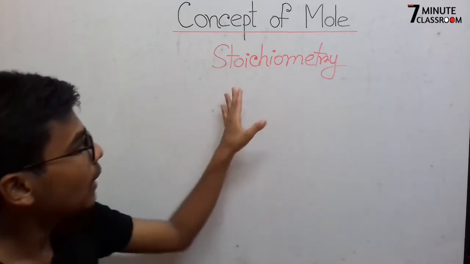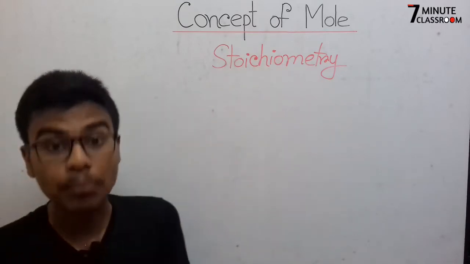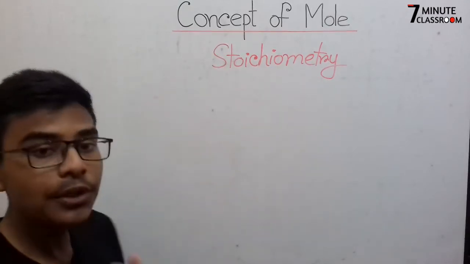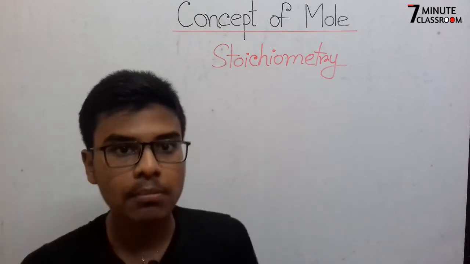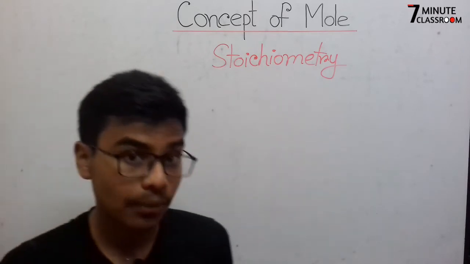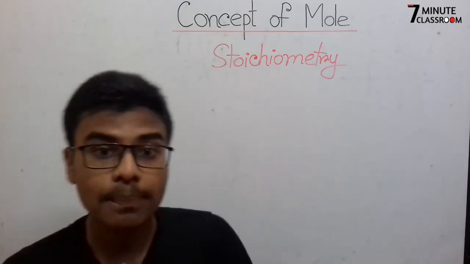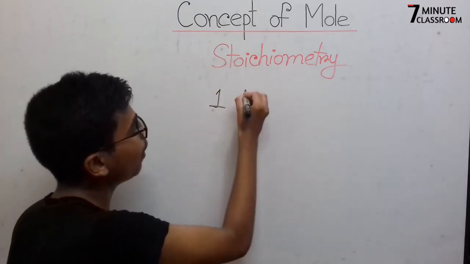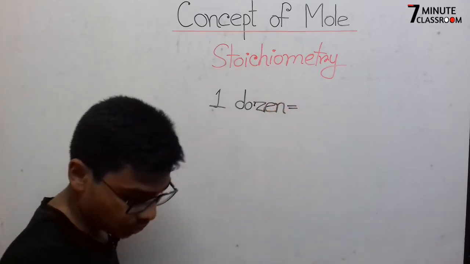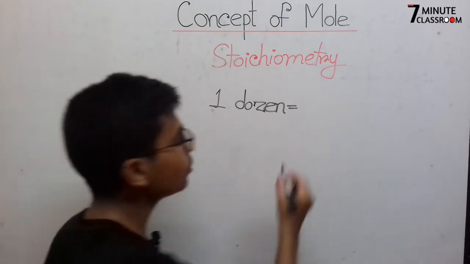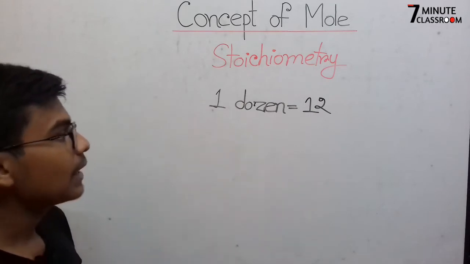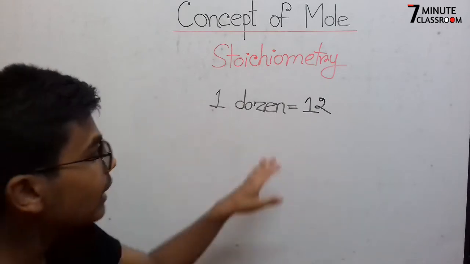Okay, so first of all we have to learn what mole actually is. Before learning that, we know that if we are going to a shop, we can say something like give me 1 kg of rice or give me 1 dozen of banana. 1 dozen equals 12, and that means the shopkeeper will give me 12 bananas.